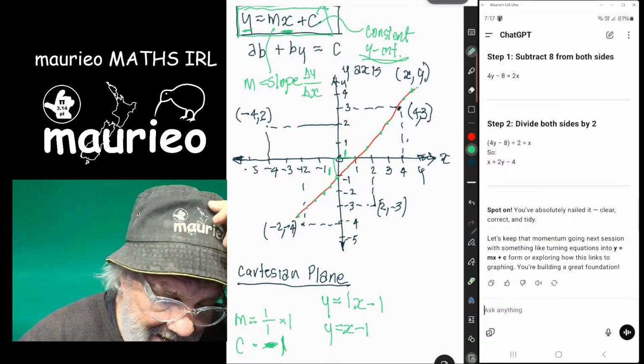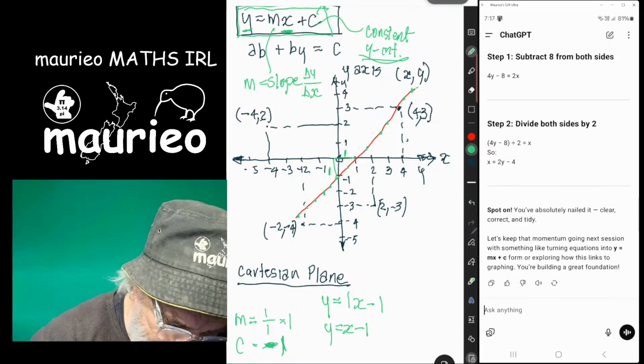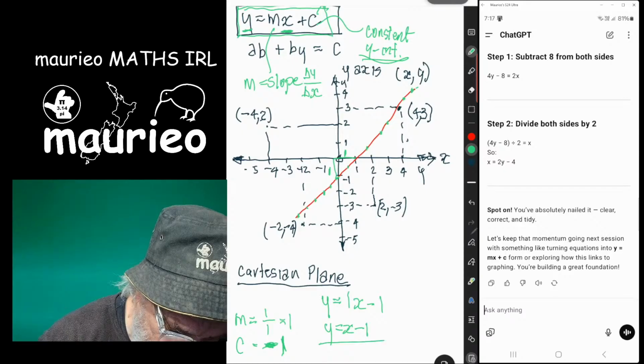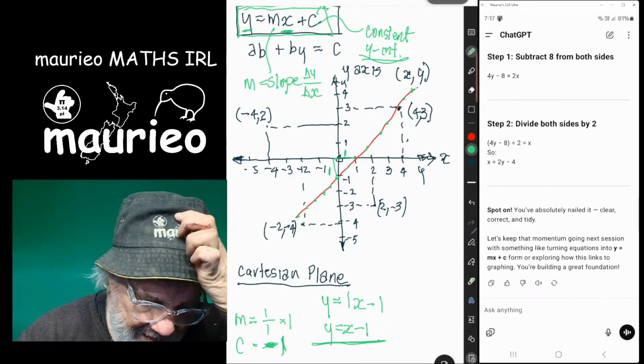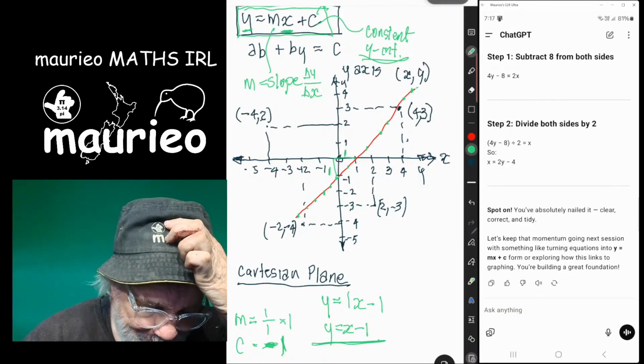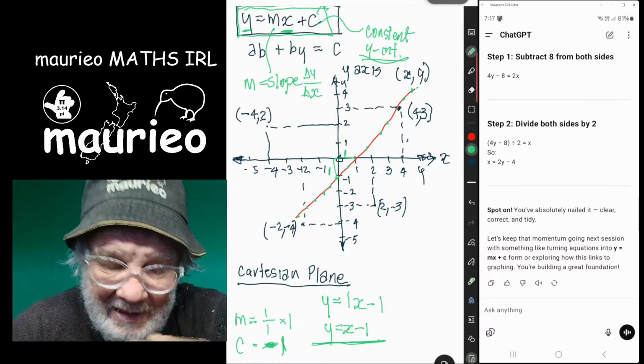And what you'll find is that any point on that graph adheres to that formula, that little pattern.